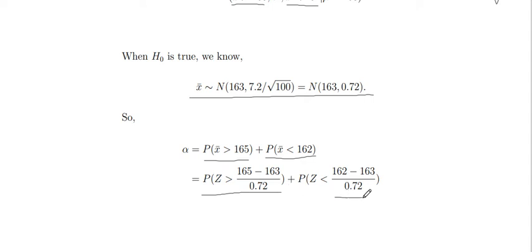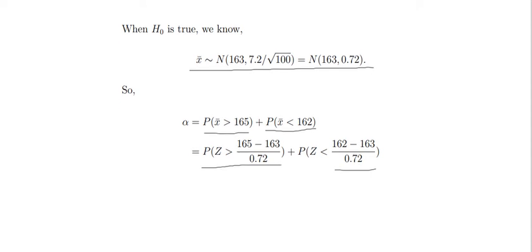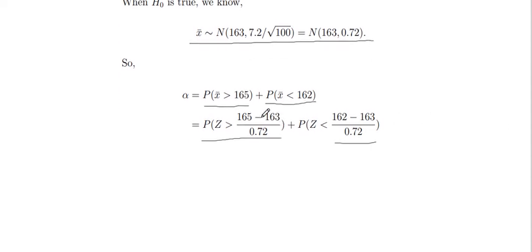Here again minus mu divided by sigma. Then we need a little bit of calculation: 165 minus 163 divided by 0.72, and so on.